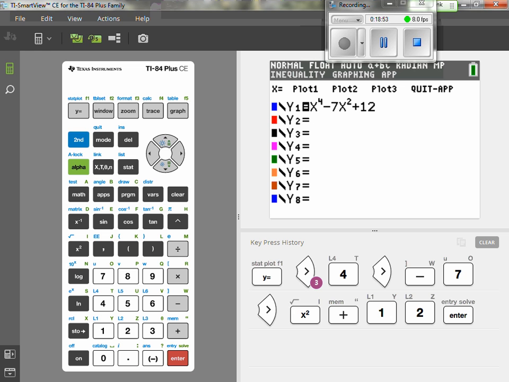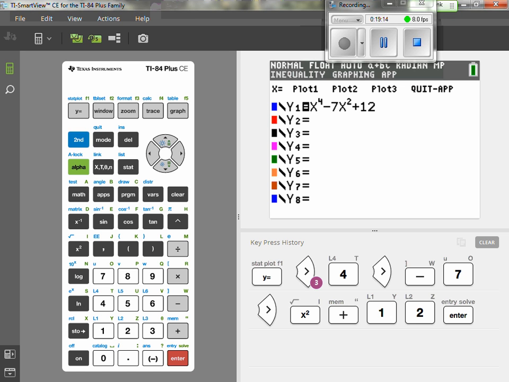So x, you'd use the little caret key to do the exponents. 4, you need the cursor over so you're not still in the exponent. Minus 7x, and then there's the squared. Because you can either use the caret key 2 or the little x squared button, plus 12.